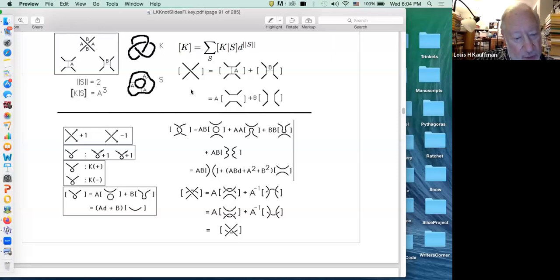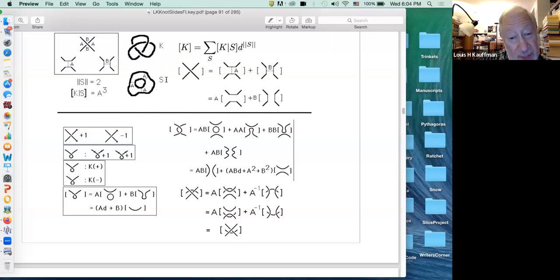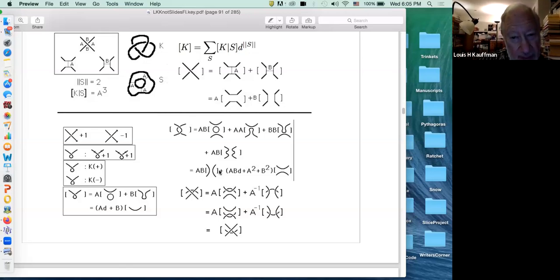That if you want to know whether some knot is knotted, calculate this thing. Of course, it's an exponential calculation. Calculate this thing, and if it says loop value, then you know it's unknotted. We don't know that. We haven't proved that. It's still an open problem.